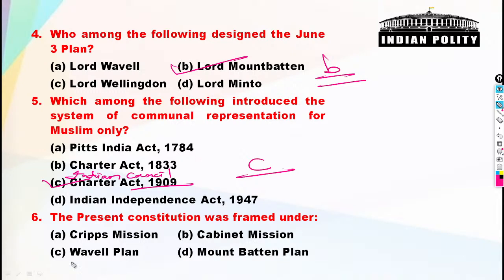So that is the Cabinet Mission. The present constitution was framed under the Cabinet Mission, which recommended the Constituent Assembly. So the answer is B. Now we'll turn to the next questions.